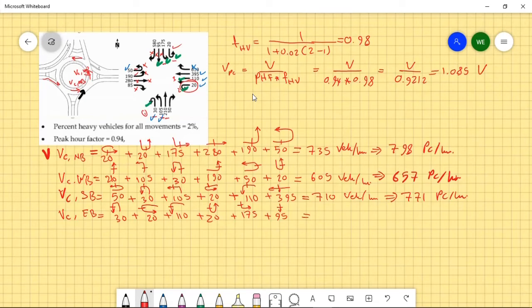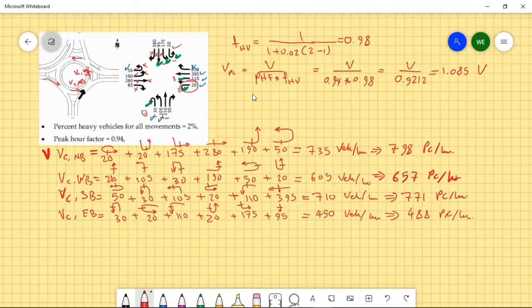This will be 450. 450 vehicles per hour, which can be converted to 488 passenger cars per hour.